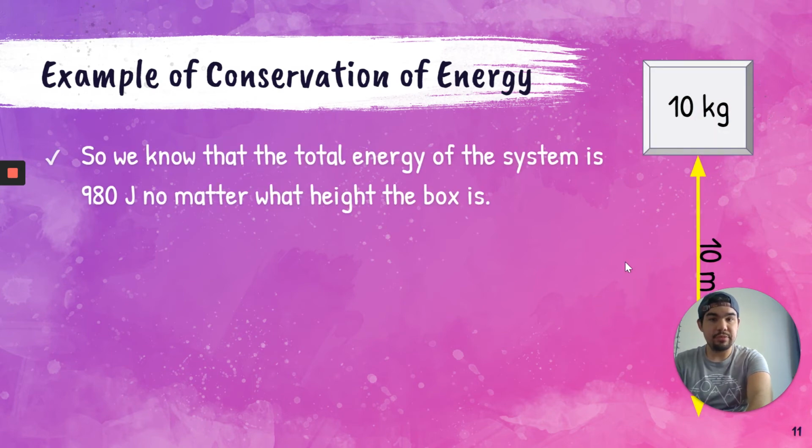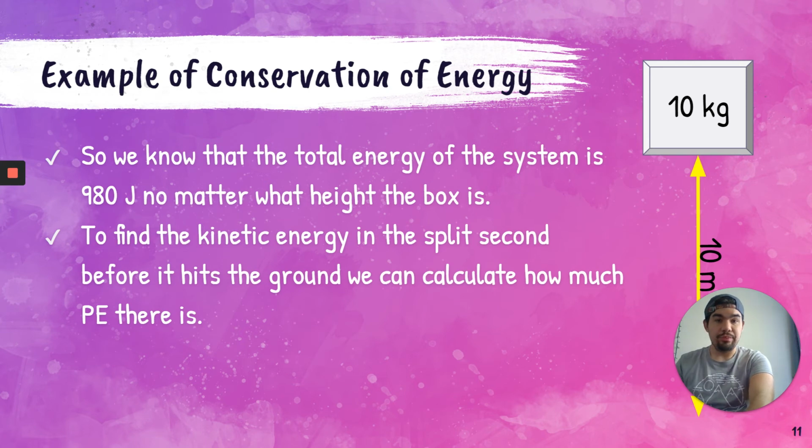All right, so we know that the total amount of energy is 980 joules, no matter what the height of the box is. So the first piece to figuring out kinetic energy right before it hits the ground is figuring out how much potential energy there is right before it hits the ground.